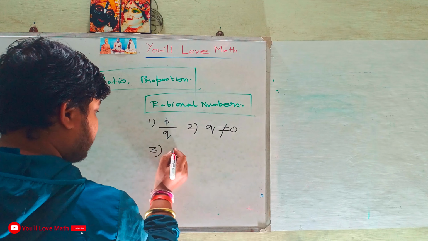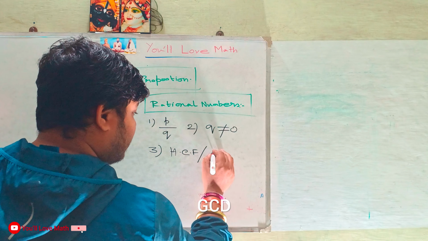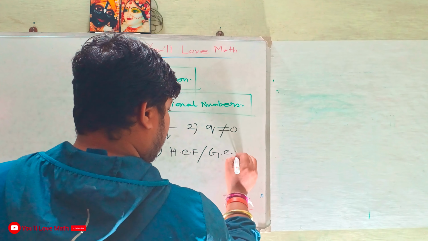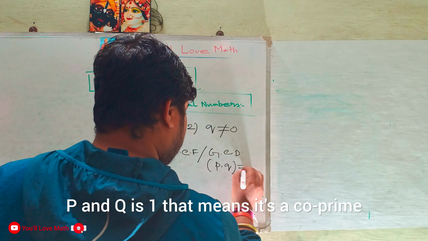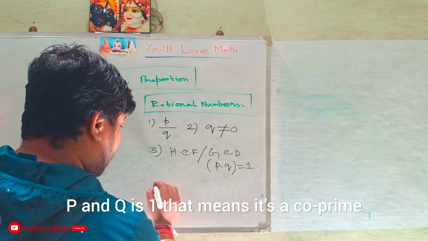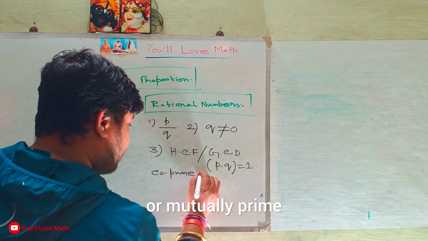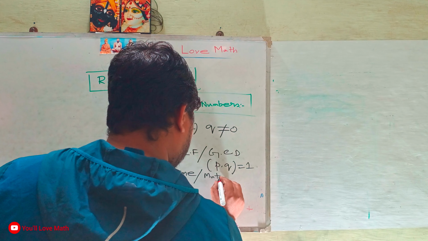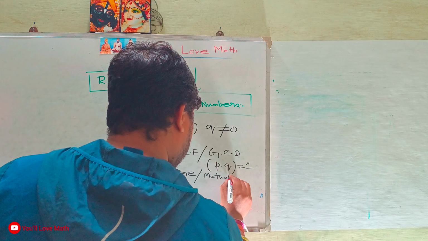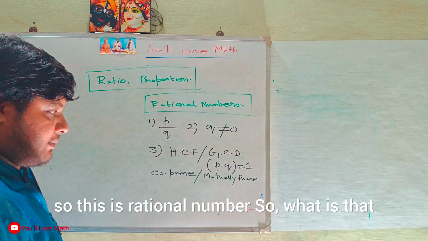Third, the HCF or GCD of P and Q is 1. That means they are co-prime, or mutually prime. So this is a rational number.